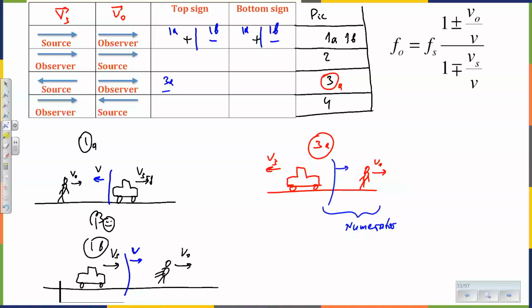And the bottom sign is related to what's happening here. Now, the source and fronts travel away from each other. So how should that affect the wavelength and the frequency? What do you think?